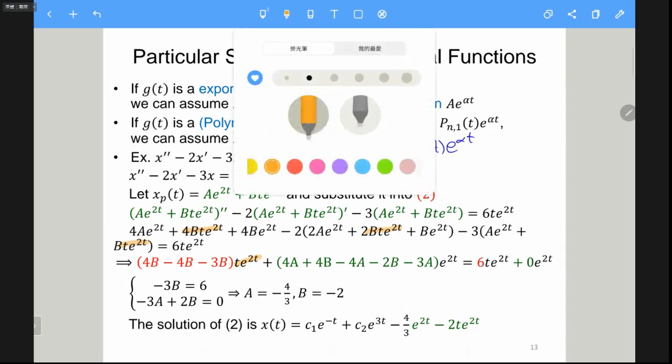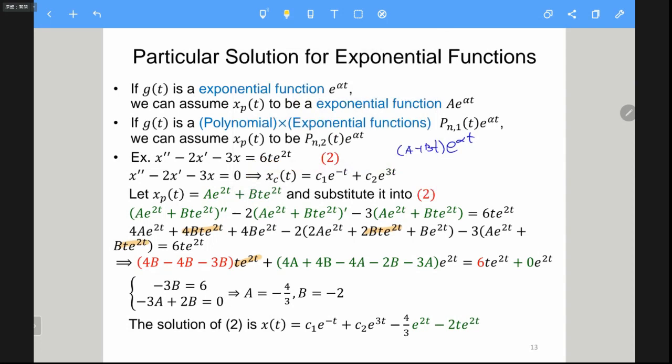And then next, we have e to the 2t. So we have this one, this one, this one, this one, okay, and also this one. So we have this one 4a plus 4b, and then minus 4a, and then minus 2 times b, minus 2b, minus 3a.